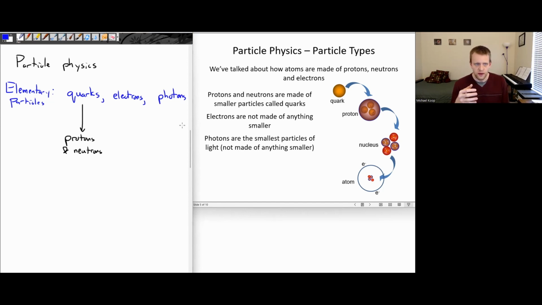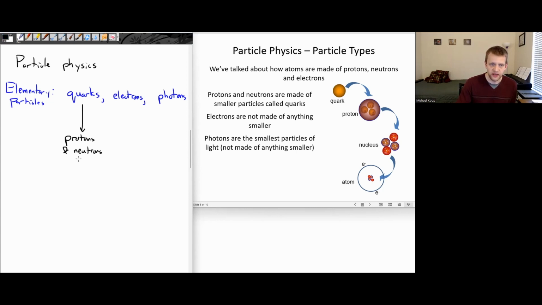So quarks, electrons, and photons are all elementary particles. As far as we know, they're not made up of anything smaller. There are a couple other elementary particles. Neutrinos, for example, are elementary particles, but we're not going to worry about that right now. So if I take a bunch of quarks and combine them together, I can make protons and neutrons.